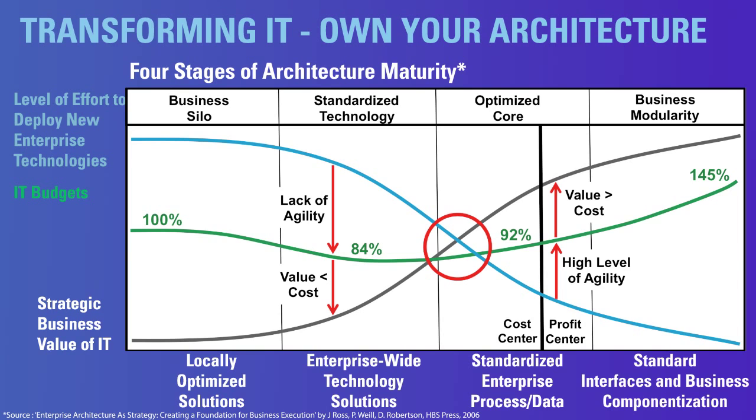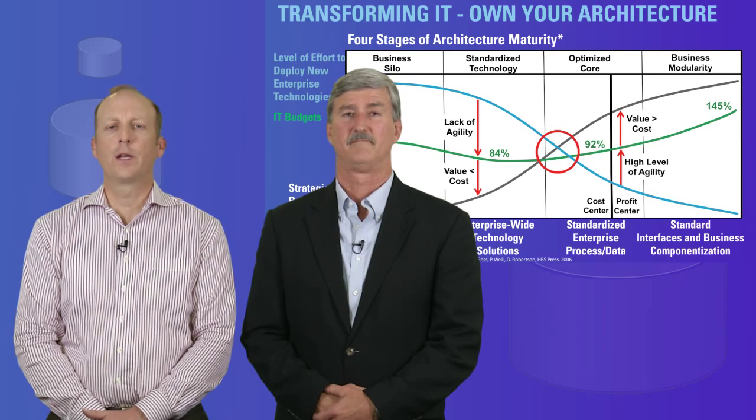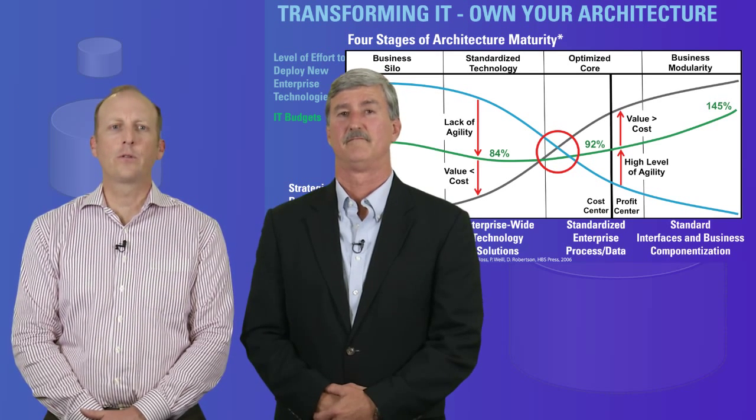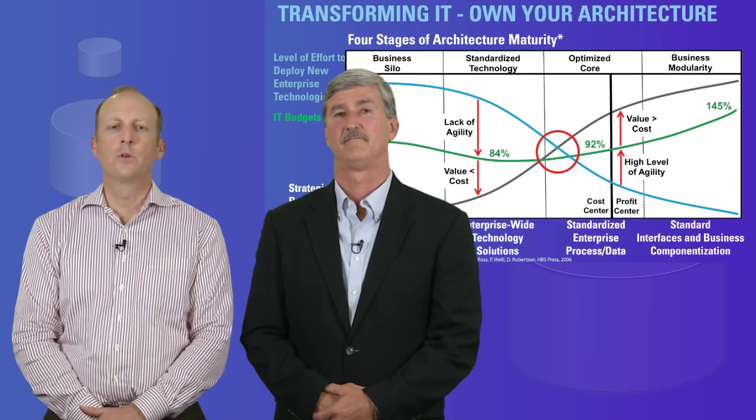At the same time, IT budgets, while initially going down, ultimately increase because the IT department is adding value to the business at a very rapid pace. And finally, the level of effort to support new enterprise technologies goes way down as you move from left to right here. The key is you can't skip steps. You have to go through each one.